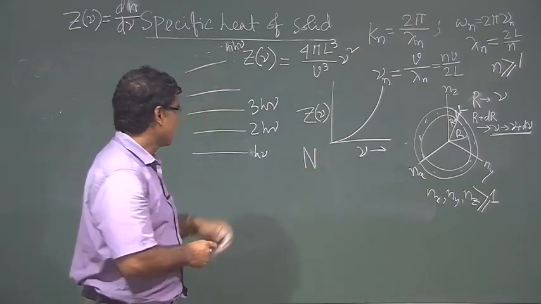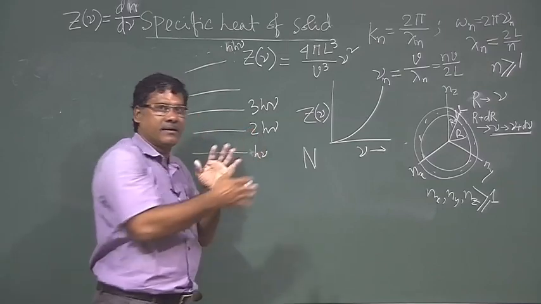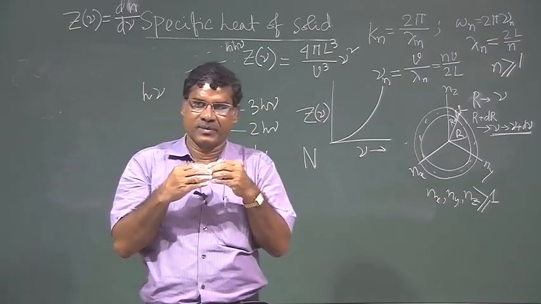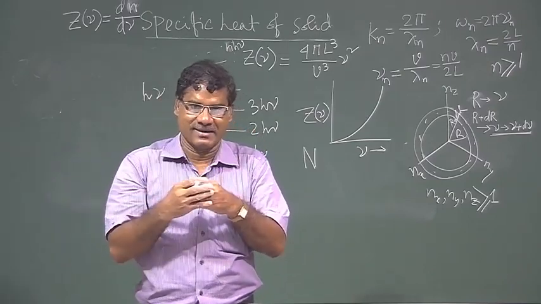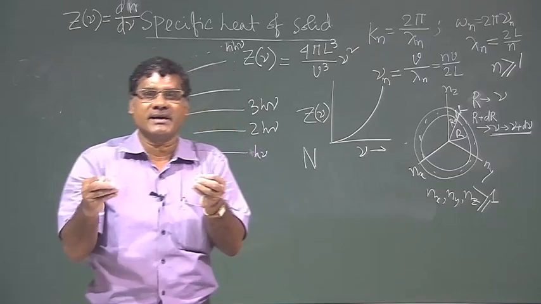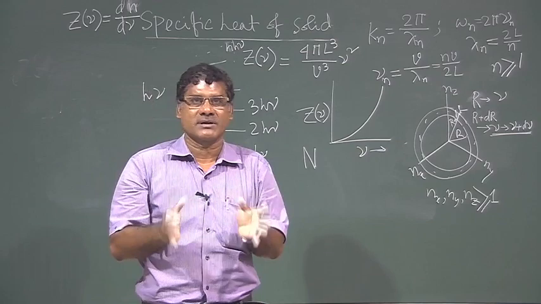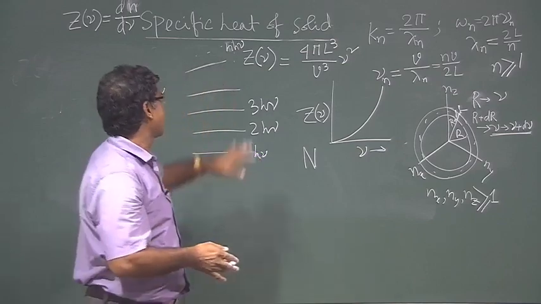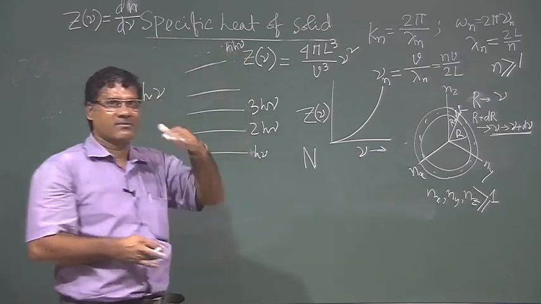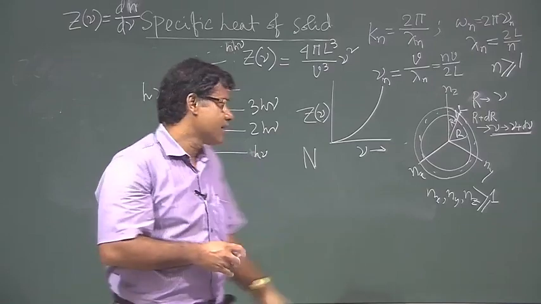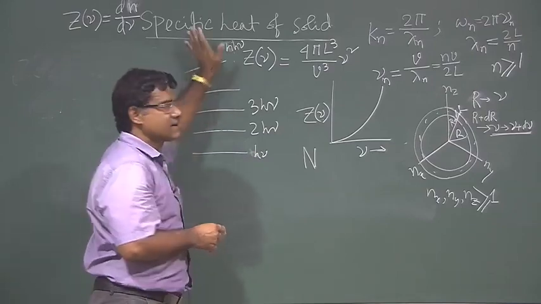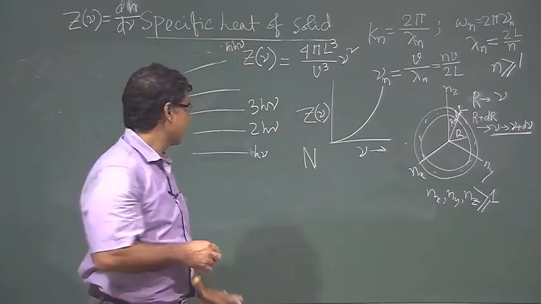Okay. So, that way he made it equivalent: each mode is equivalent to a harmonic oscillator. A harmonic oscillator has this n h nu kind of energy levels, so each mode will have this kind of energy level. Okay.